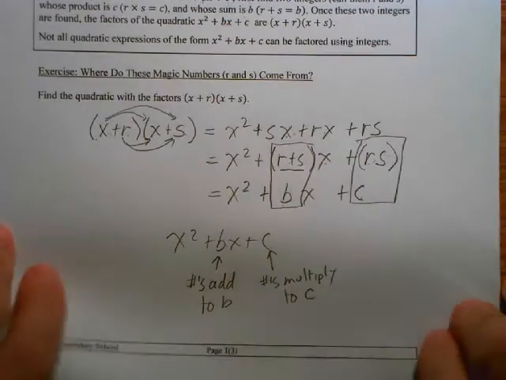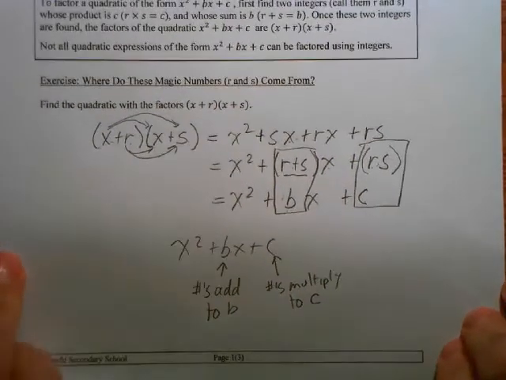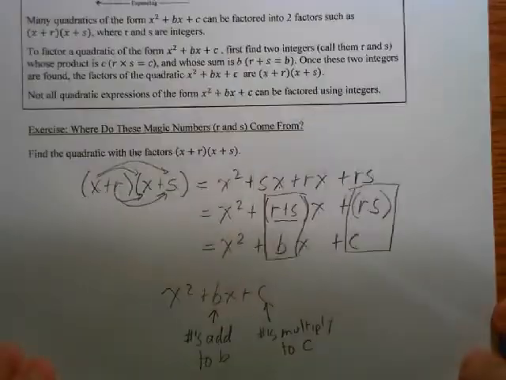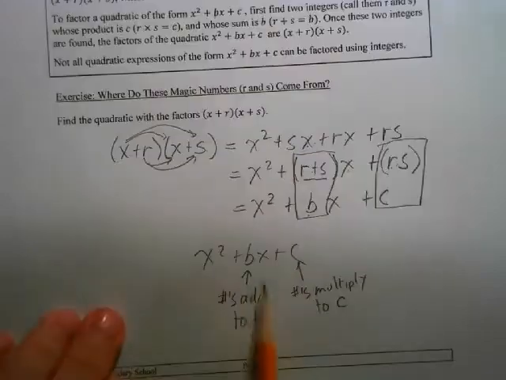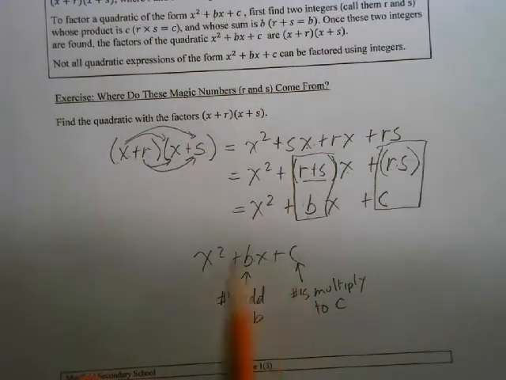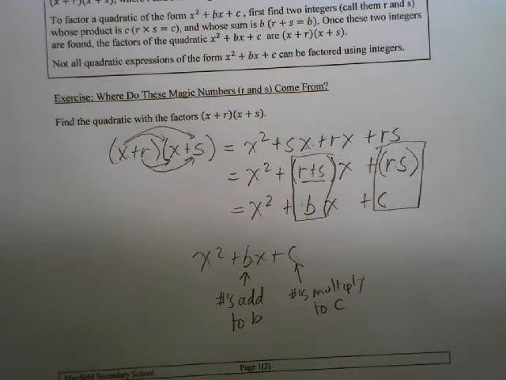Okay, and the other thing I want to note, not all of these x squared plus bx plus c are factorable. In fact, I can't just randomly start picking numbers for b and c and give them to you as questions, because if I did it randomly, probably 90% of the questions I create would not be factorable.